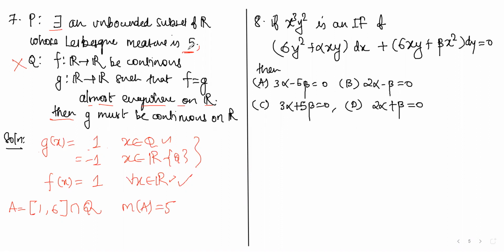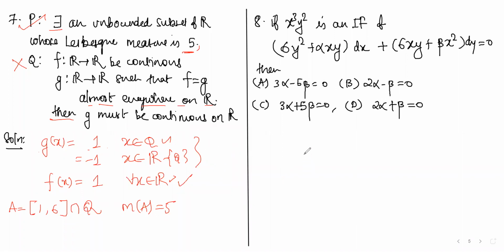That is fine. If they had given 6, you could simply consider 1, 7. Or you can take any number, just intersect with Q. It's an unbounded subset of R whose measure is 5. Since the case was for there exists, this P statement will be true.